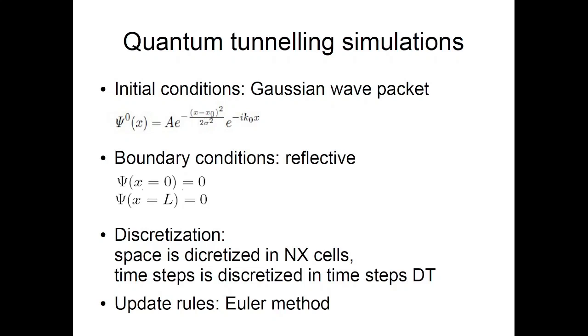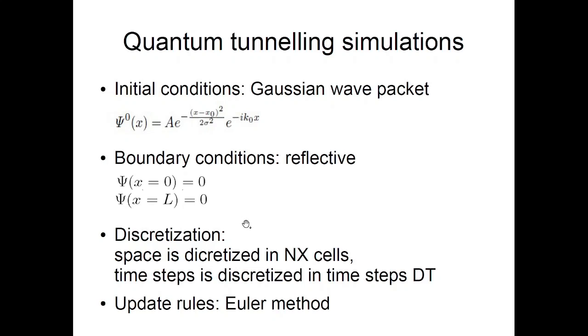Then we have boundary conditions. In this case, we will use reflective boundary conditions. So we imagine that the wave function cannot go out of the spatial domain, that the spatial domain is a range that goes from 0 to L, and that the wave function is identically 0 on the boundaries of this domain.